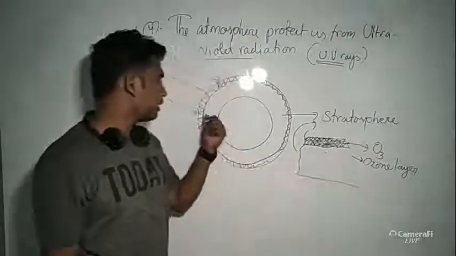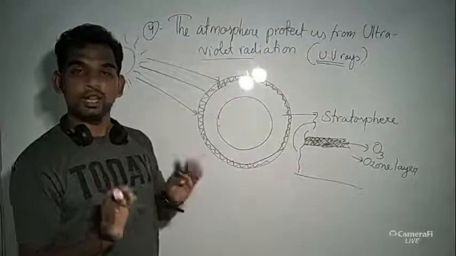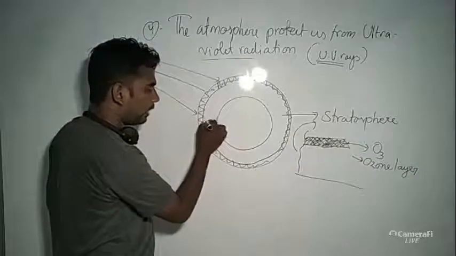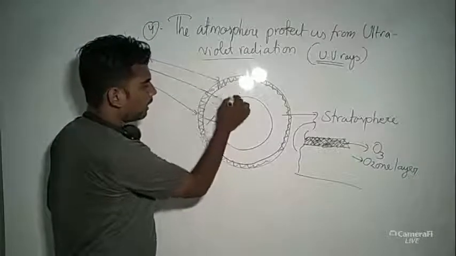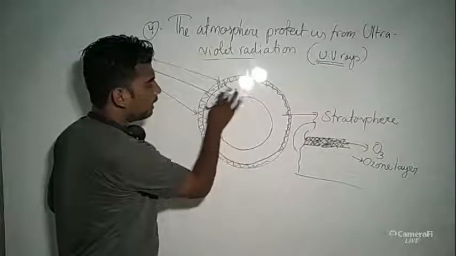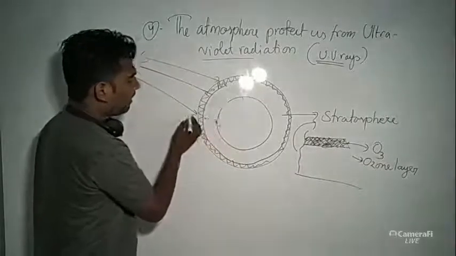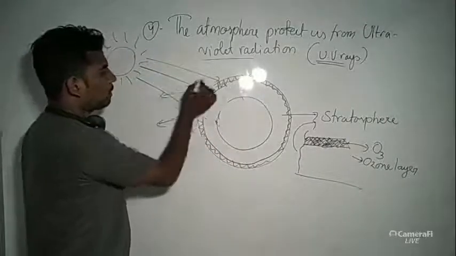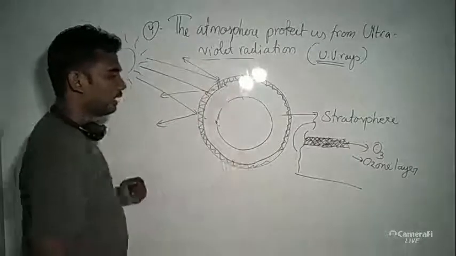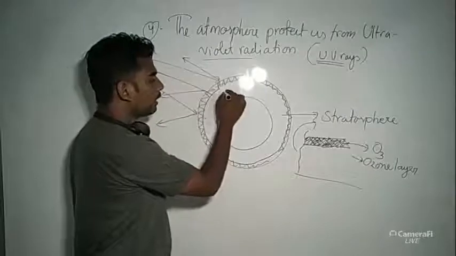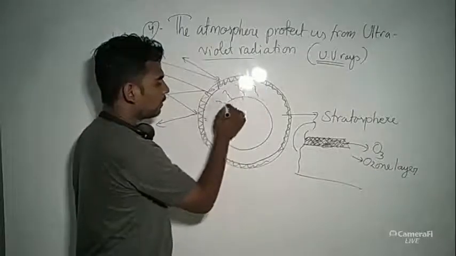This ozone layer does not allow the UV ray to get into the earth surface. ये allow नहीं करता, अंदर आने नहीं देगा. So what does it do? It reflects back. ये वापस reflect कर देता है. So the UV does not get into the earth surface.